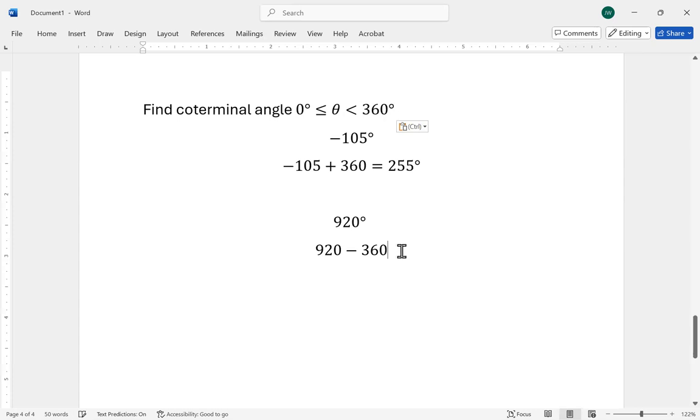So if I just did one subtraction of 360, that wouldn't get me there. I'd be at 560. So I'd have to do another subtraction. Sometimes you could just say subtract 360 and then subtract 360 again. Or you could say subtract 2 copies of 360. When you do that, you end up with 200 degrees as the coterminal angle with 920 degrees.